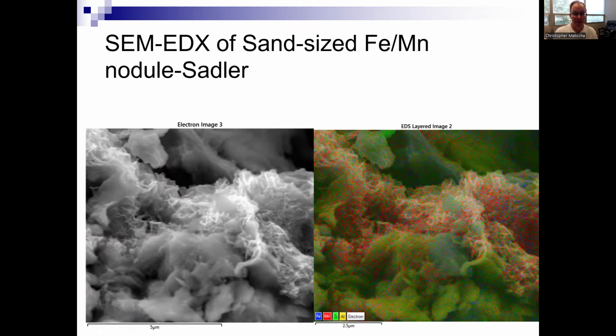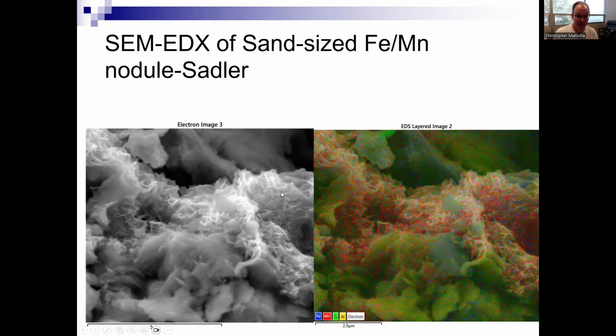And so we actually took a sand-sized nodule from the Sadler and started characterizing it recently since that paper was published, trying to follow what's going on. And we see these honeycomb-looking minerals in this, which was basically a sectioned nodule that we opened up, we cut, and you notice here in red, we have higher values of manganese here than here.